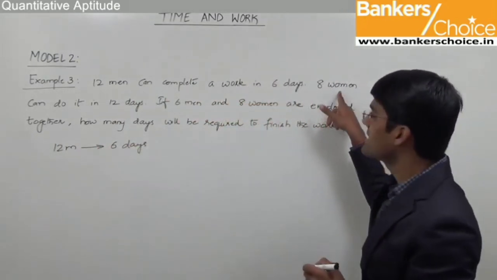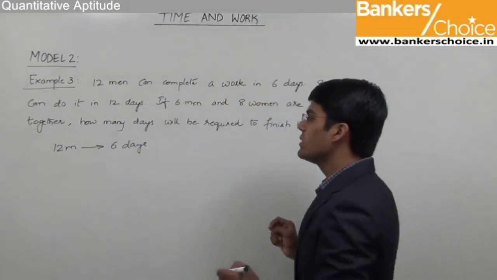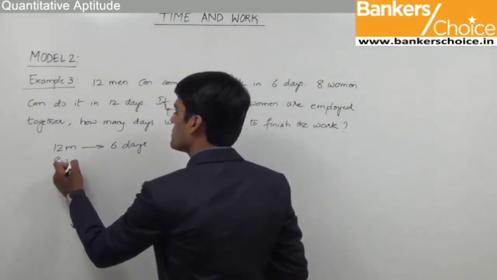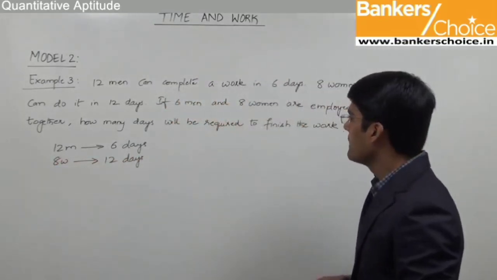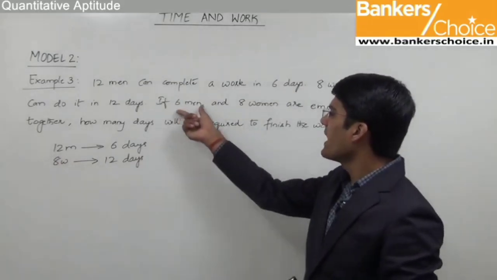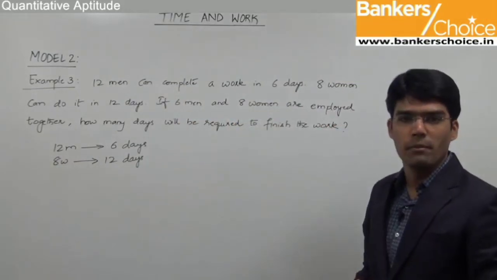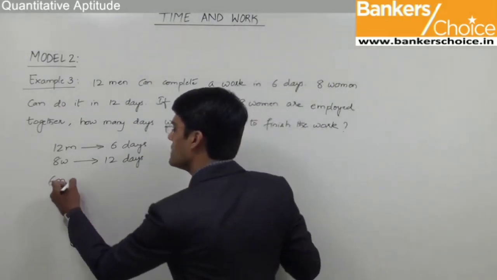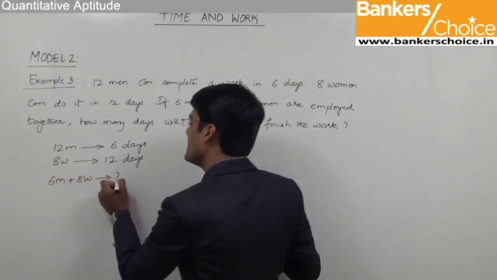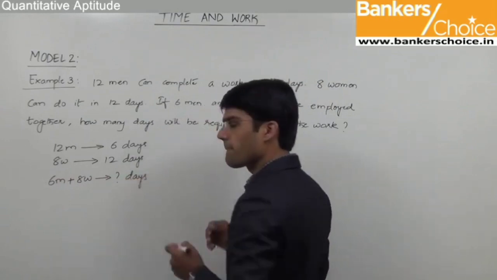The next statement says 8 women can do it in 12 days. So 8 women, when they work together, take 12 days to finish the work. And we are supposed to find out the number of days required when 6 men and 8 women work together.